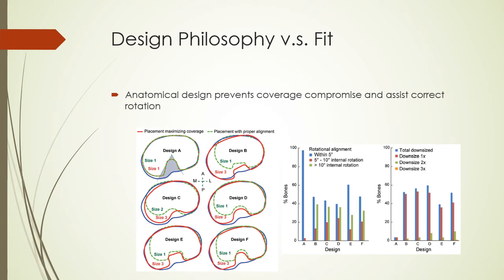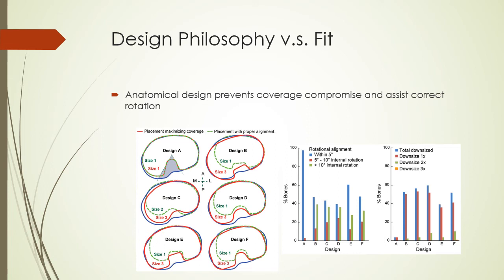With anatomic design, maximizing coverage does not conflict with correct alignment, as we mentioned a couple of slides previously. With an understanding of the anterior radius of the tibial resection, by properly designing that anterior radius on the medial and lateral side, you can see on design A how it's properly placed regarding the rotational axis, yet also properly sized to provide a better coverage.